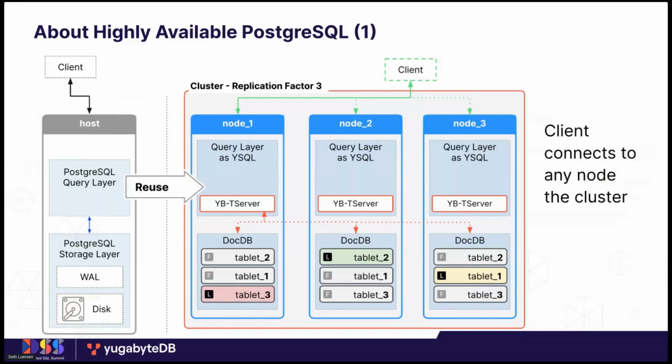But as we begin, we probably should talk about what we mean by highly available Postgres in some context. So YugabyteDB is a distributed SQL database. What's unique about YugabyteDB is how it stores data in a distributed manner across nodes in what's defined as a cluster.